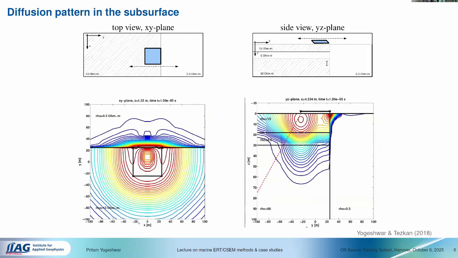So this is just very shortly, have a look on the right side. This is just to give you a bit of an impression of how these fields diffuse in the subsurface. So we have at the surface a loop. It's a square loop laid out at the surface. Usually we lay out square loops, not round loops. It makes no difference at the time range that we are looking at.